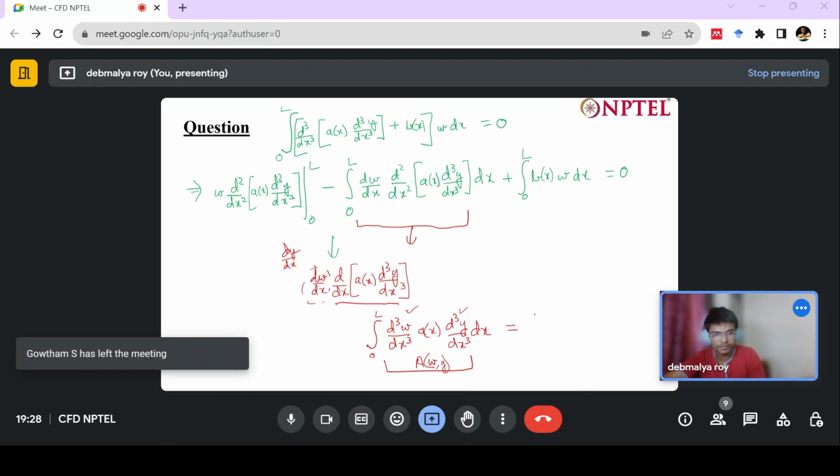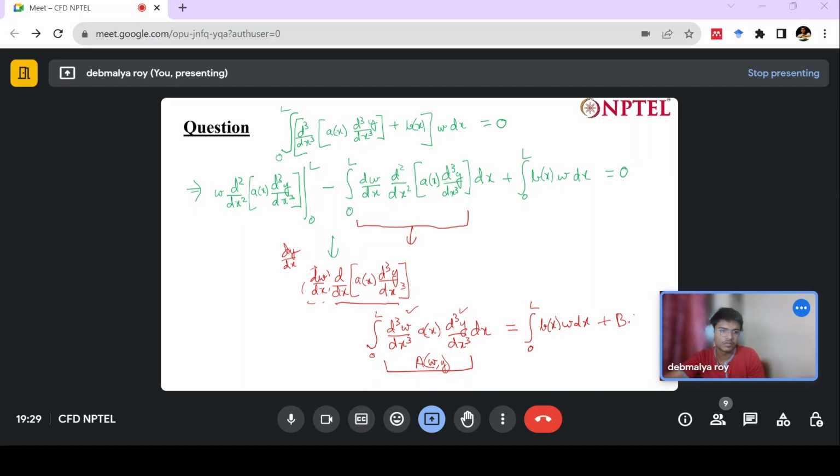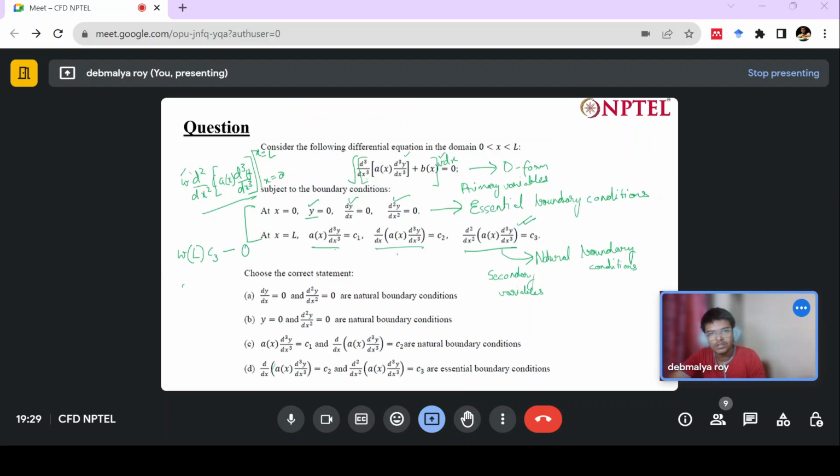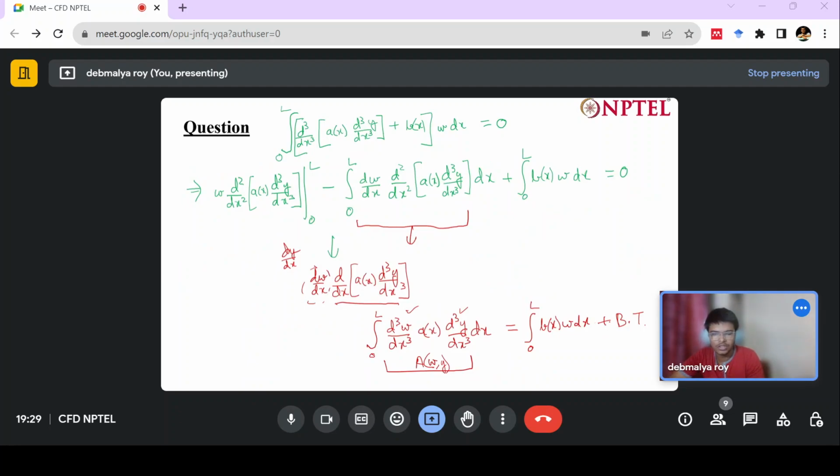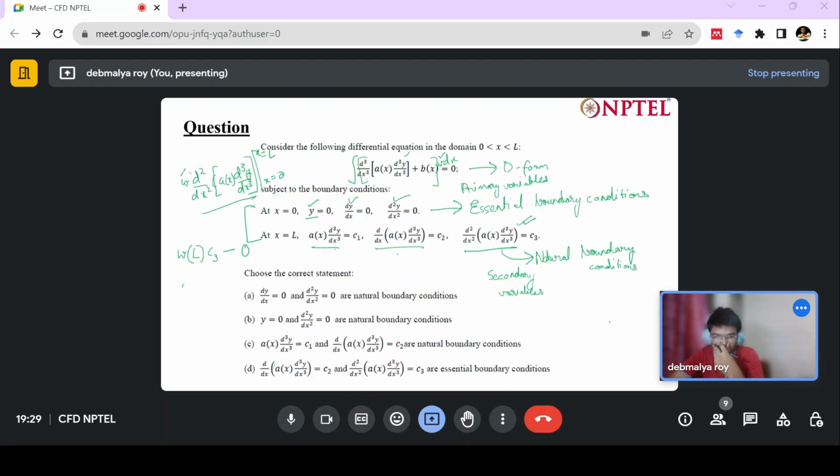Okay, plus boundary terms. Boundary terms will be there because natural boundary conditions are there which are non-zero. So boundary terms. Okay.